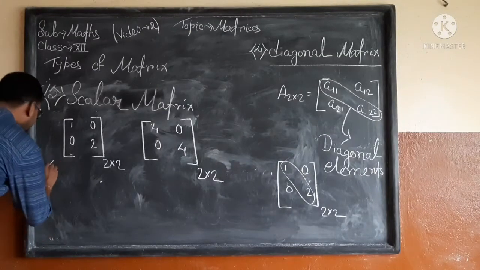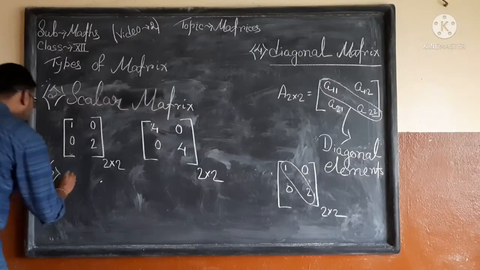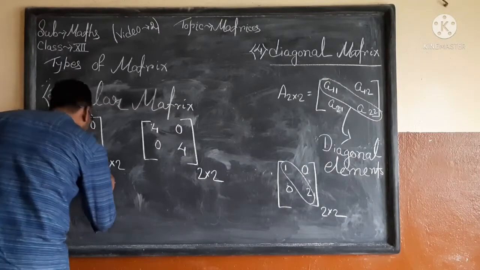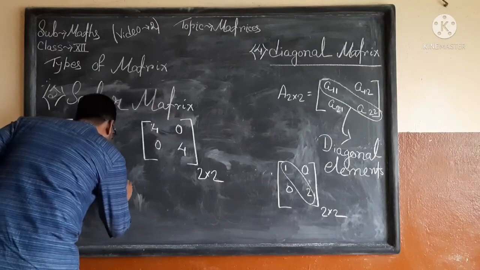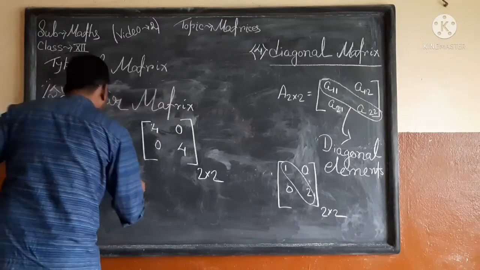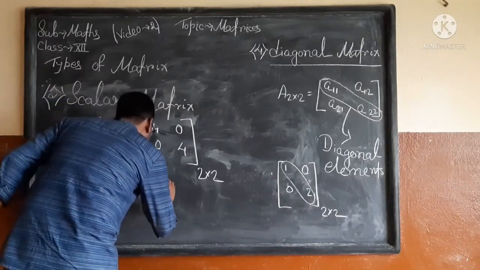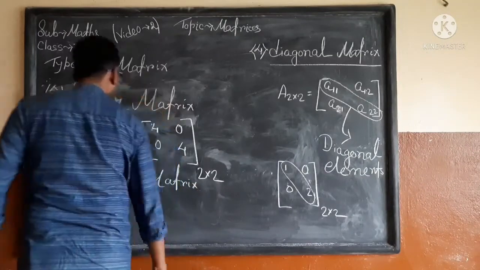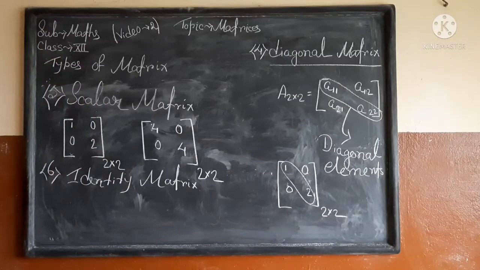Another matrix, that is the identity matrix.